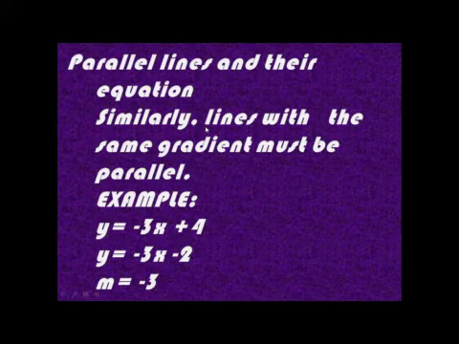So there are two equations for different lines. But the gradient of both lines is the same. That means both lines are parallel to each other. So if the gradient of two lines is the same, those two lines are parallel to each other.